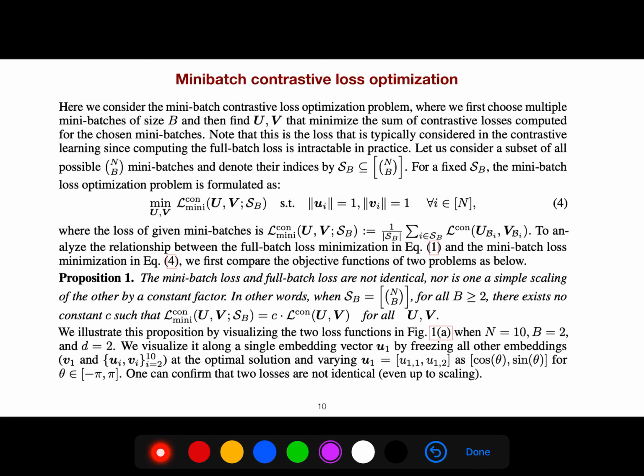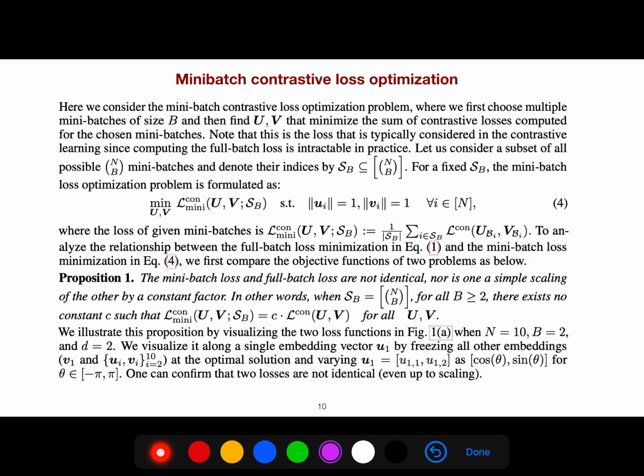The mini-batch loss and full batch loss are not identical, nor is one a simple scaling of the other by a constant factor. In other words, there exists no constant C such that the loss of mini batch and the full batch are related to each other.